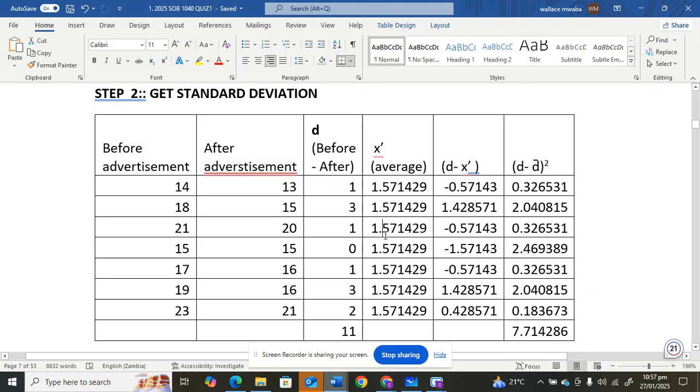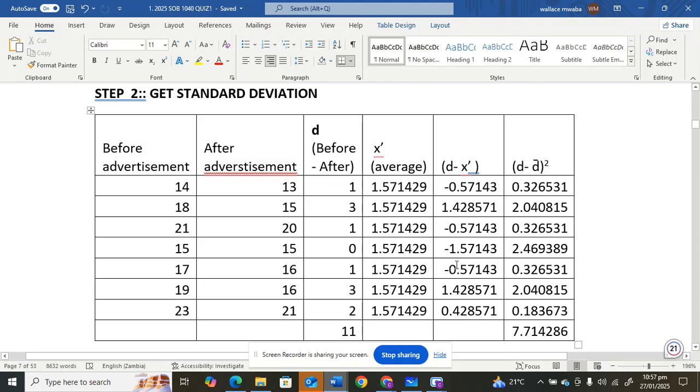You don't have to use as many decimal places as me. I was using Excel, so it was giving me the full decimal places. If you want to make life easy, just leave it to two decimal places. Then use 2 minus 1.57. Are we all clear with that section?